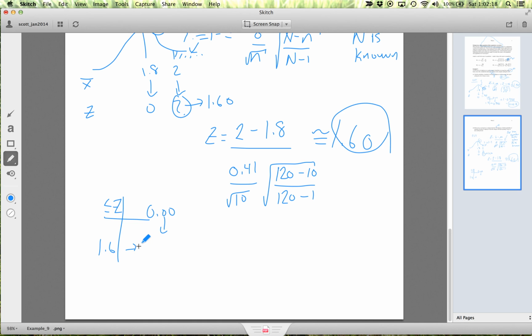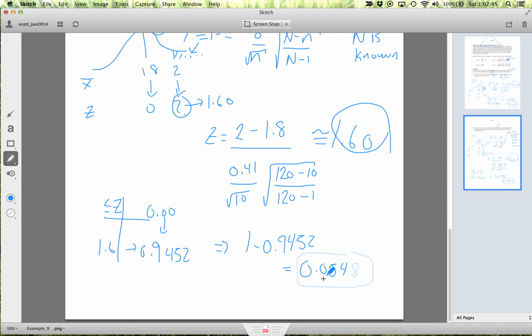And we find this value to be 0.9452. We find the complement, which is the tail region here, by having 1 and subtracting that probability. And we get here that the probability of this happening is actually 0.0548.